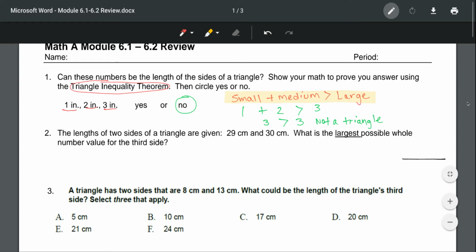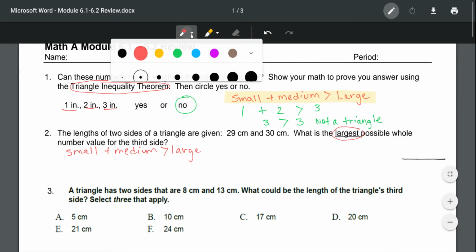In number 2, it says that the lengths of two sides of a triangle are 29 and 30. What would be the largest possible whole number that the third side could be? Again, you want to use the triangle inequality theorem that says that the small plus the medium side has to be greater than the large side.